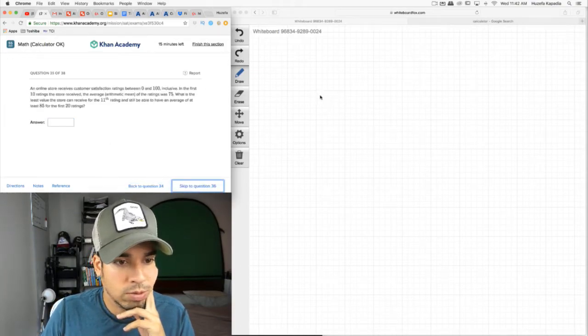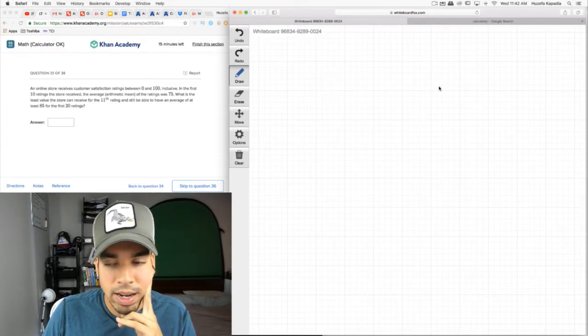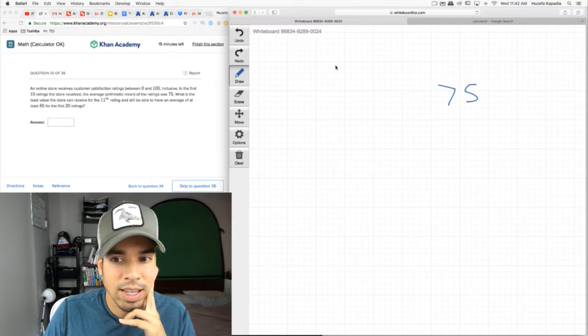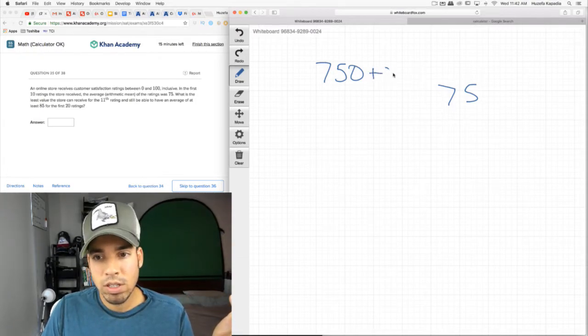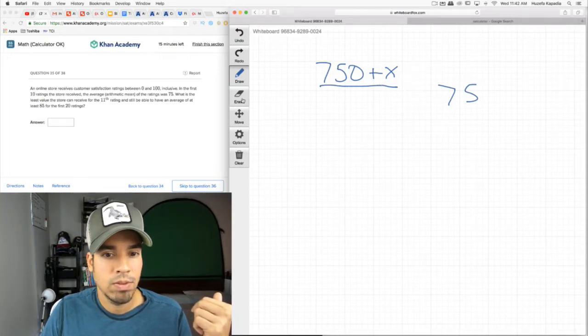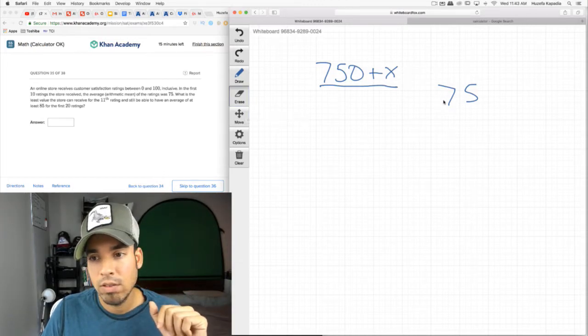An online store receives customer satisfaction ratings between 0 and 100. For the first 10 ratings, they received an average of 75. That means they had 10 of these, so the total added is 750. So what is the smallest we can receive on the 11th and still be able to have an average of at least 85? Oh, for the first 20 ratings.